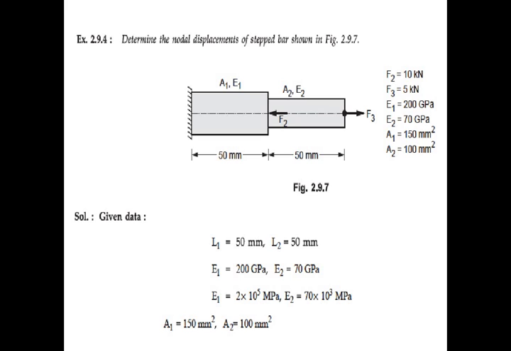F2 is given as 10 kN and F3 is given as 5 kN. The modulus of elasticity for the first portion of the bar is 200 GPa and for the second portion it is 70 GPa. The cross-sectional area of the first portion is 150 mm square and of the second portion is 100 mm square.